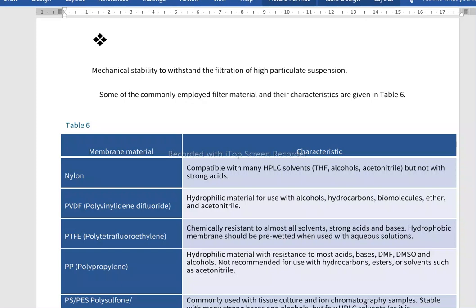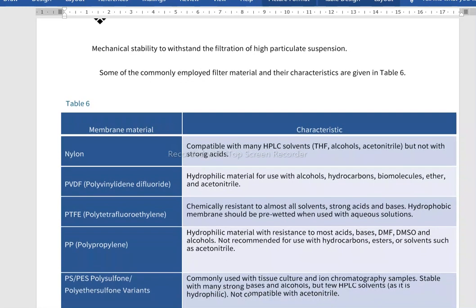Polypropylene is a hydrophilic material resistant to most acids and bases, DMF, DMSO, and alcohols, but not recommended for use with hydrocarbons, esters, and solvents such as ACN.